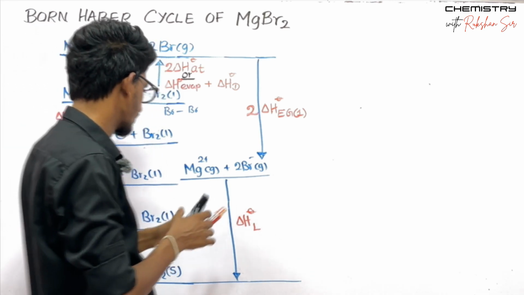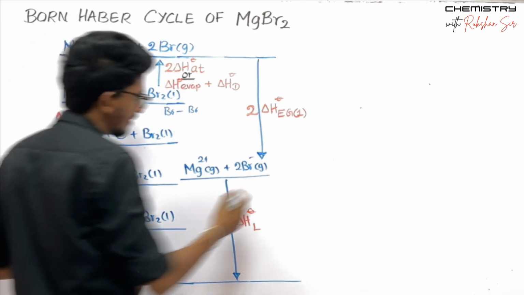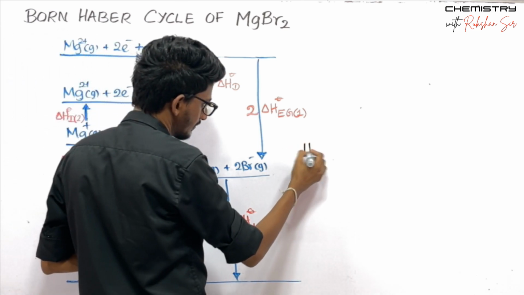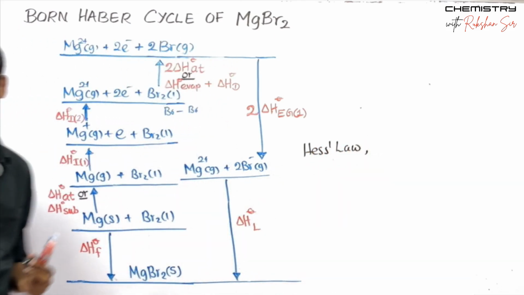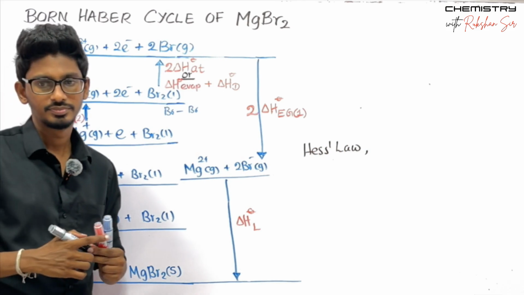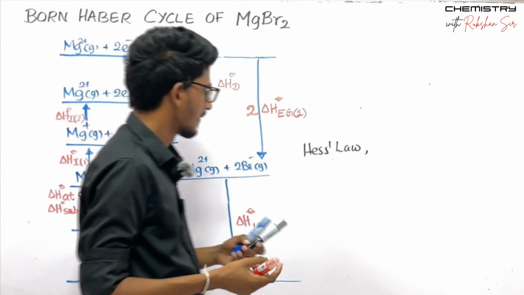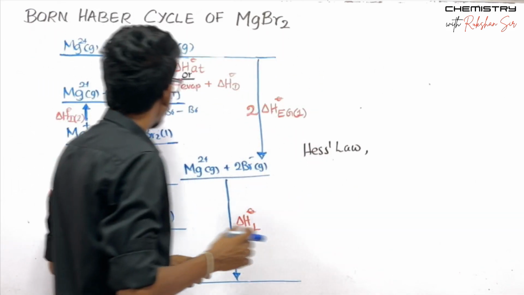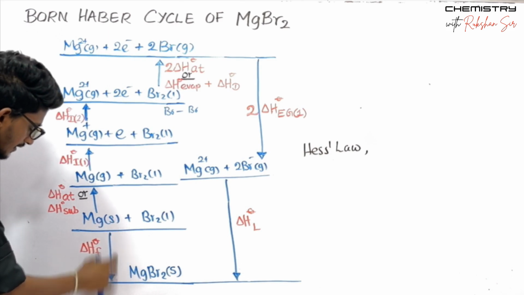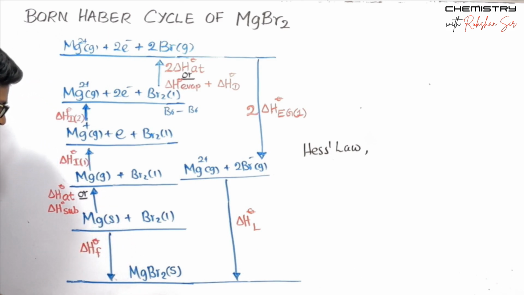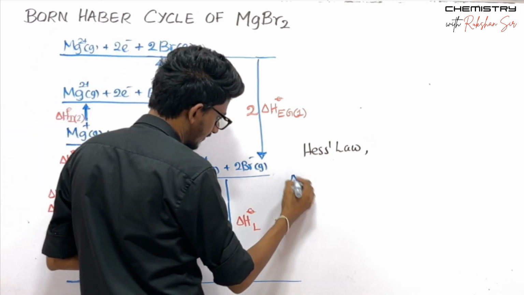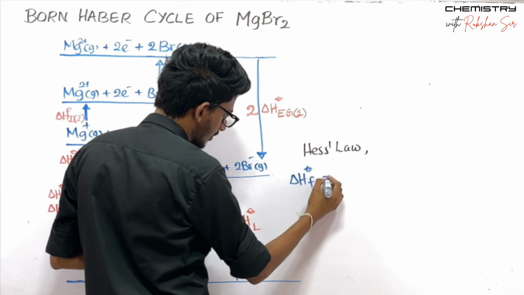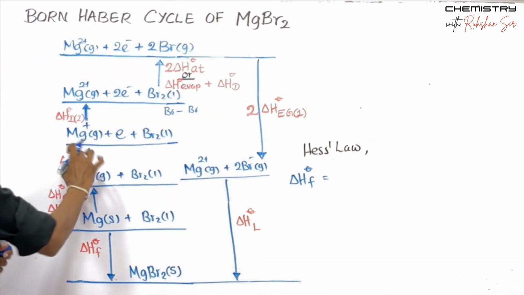So let's complete it by applying Hess's law for this. This is the first route available to go from the initial to the final state. This is the initial state, this is the final state. So the formation enthalpy is going to be equal to the summation of the enthalpy values of this second route.